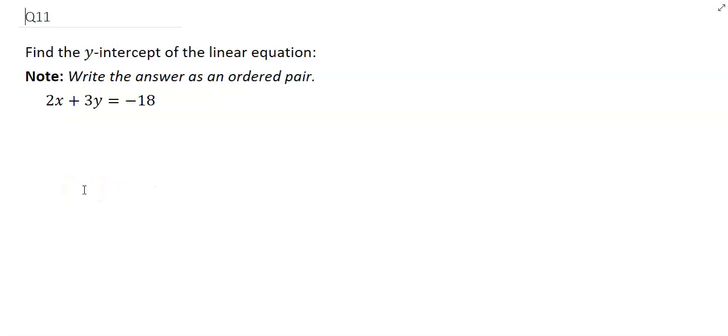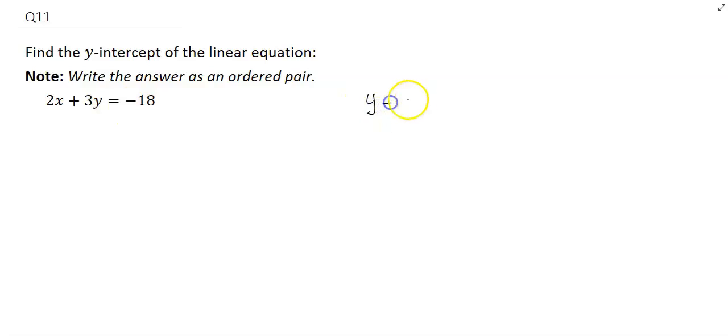Okay, now we are on chapter 3. Chapter 3 is about linear equations. And they want you to find the y-intercept of the linear equation. So I know that it is a linear equation because it has 2 variables, both are degree 1, and it is an equation because it has the equal sign.